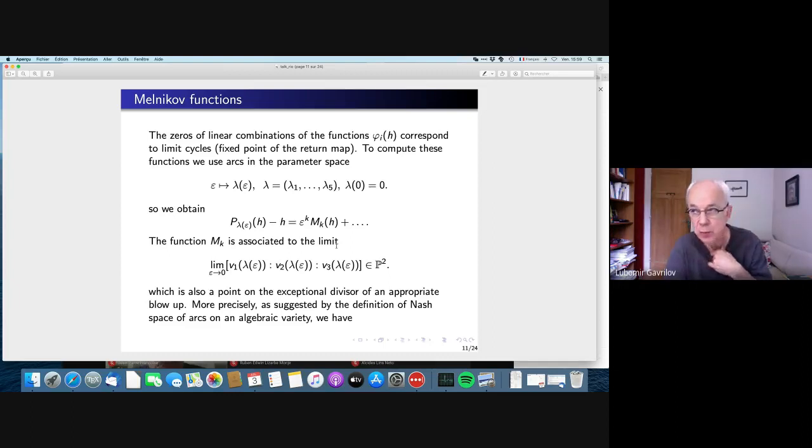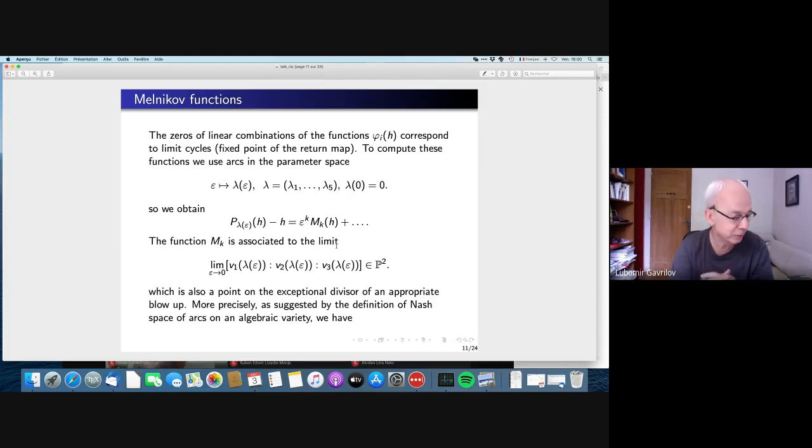So instead of a multi-parameter deformation, you take one parameter. That is to say, you take an arc. You have some parameter space, some algebraic variety, and to study this variety, you take arcs. So when you take arcs, you have an arc space.